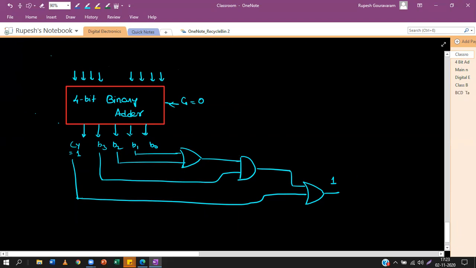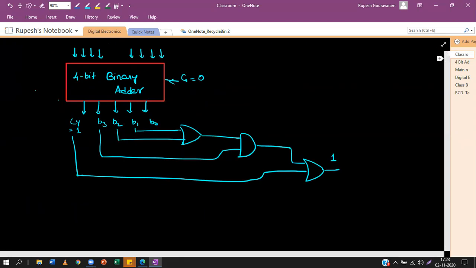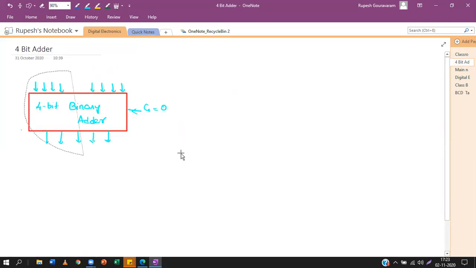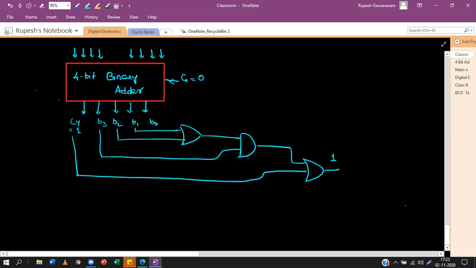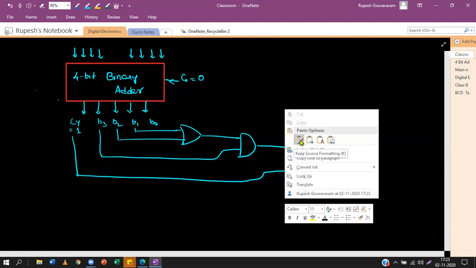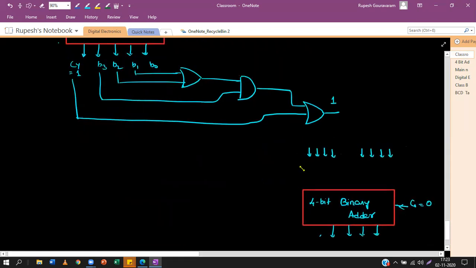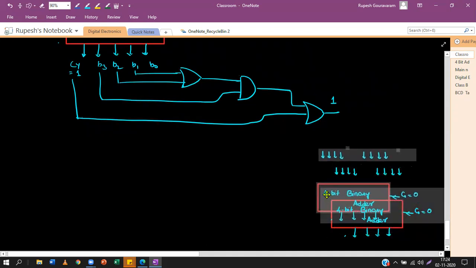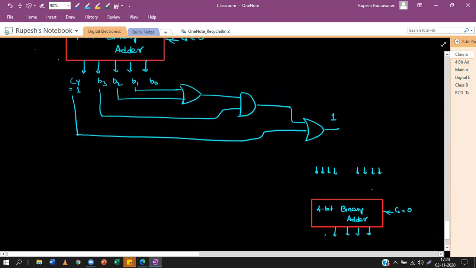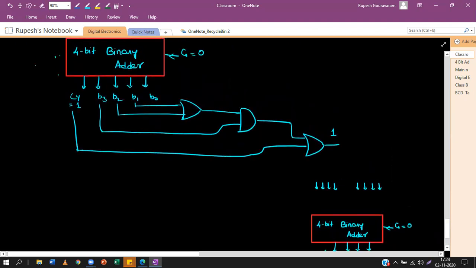Now we take another 4-bit binary adder. See here, the first 4-bit binary adder is where we have supplied the two inputs, and then we have performed this operation, B3 into (B2 plus B1), and applied it to the OR gate in which the carry is one of the inputs.